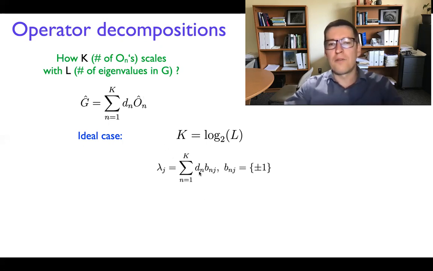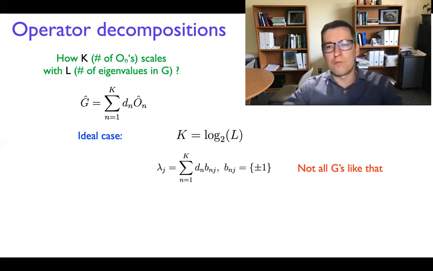And if you have a case where the coefficients d_n don't lead to some kind of cancellation of the pluses and minus ones, and you really generate new eigenvalues by doing this linear combination, then you can represent really large eigenvalue generators.